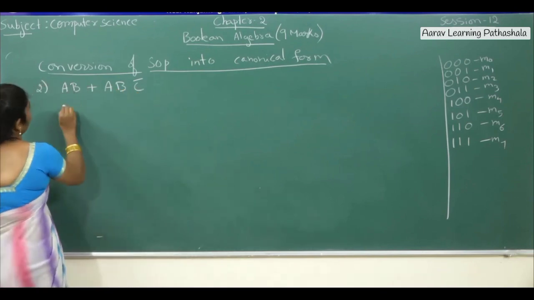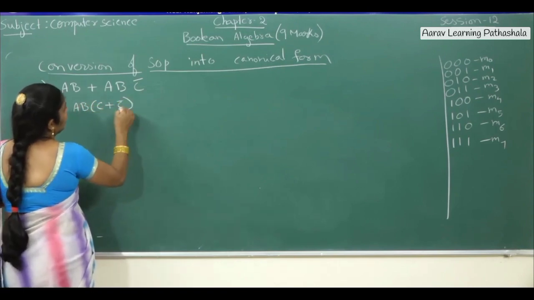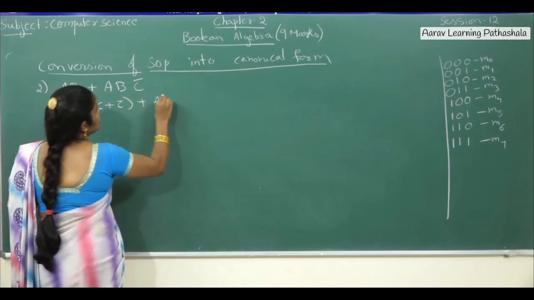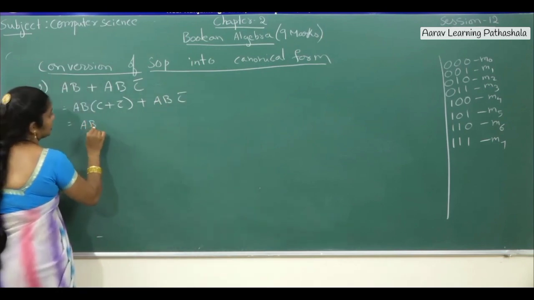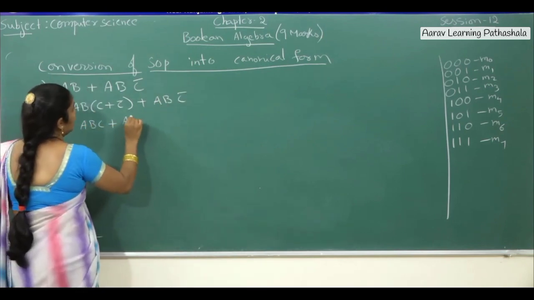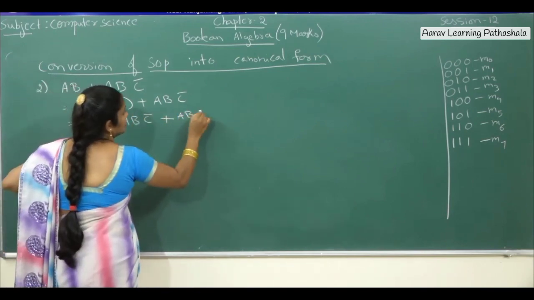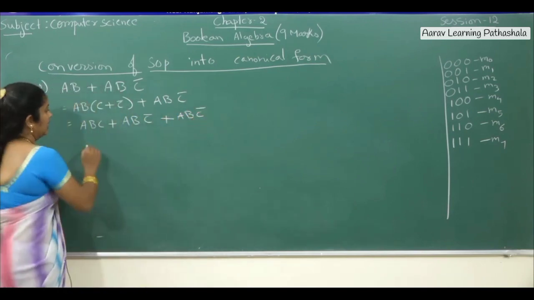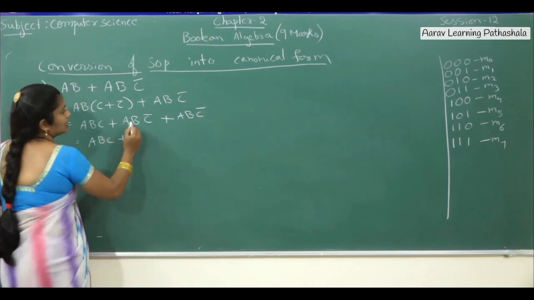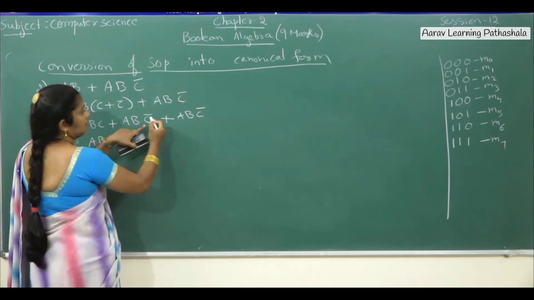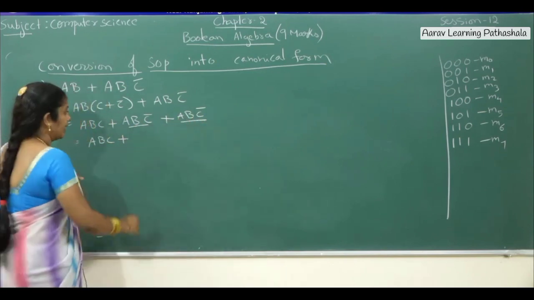Then here write A, B, (C plus C bar) plus A, B, C bar. Now distribute this: A, B, C plus A, B, C bar plus A, B, C bar. Remove the duplicate. We have ABC plus ABC bar, and ABC bar appears 2 times, so I can remove the duplicate.